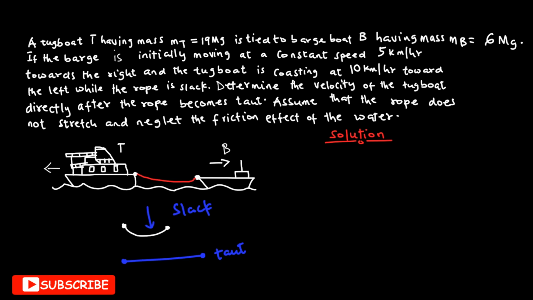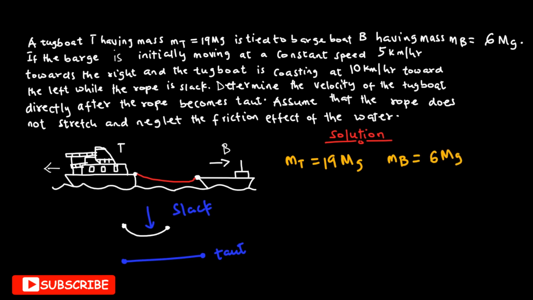Let's go ahead. You've been given the mass of the tugboat, which is m sub t, equal to 19 megagrams, and the mass of the barge boat is also given as 6 megagrams.